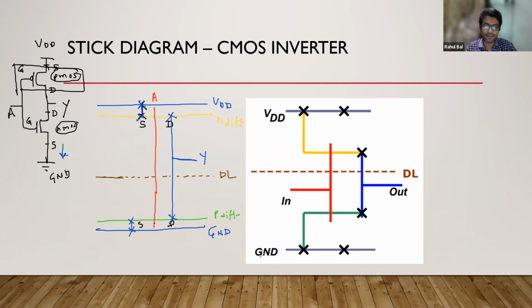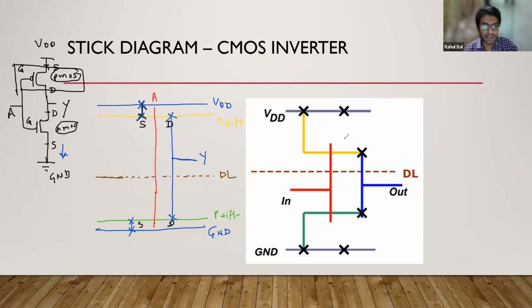So both are the same. If you have any doubt in this, please let me know. Otherwise, we will see a different example, and we will see the simulation of this also, because we have ample time. Still 1 hour is remaining, so we can do a lot of examples.